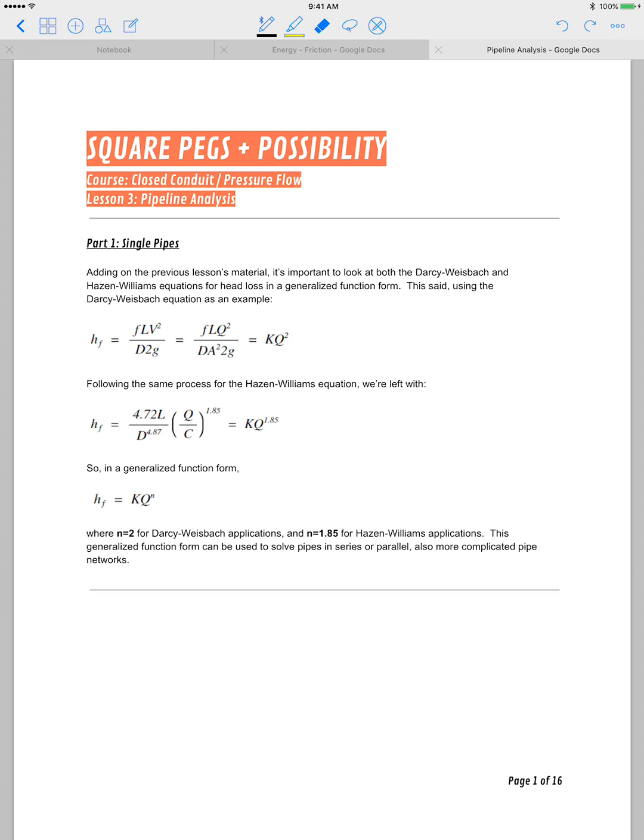Likewise, if we do such a thing with the Hazen-Williams, we'll have this 1.85 carry over to the Q, and we can take all this other business and call it a K. So a generalized function form for friction loss is essentially KQ to the N, where N is 2 for Darcy-Weisbach and 1.85 for Hazen-Williams. I don't have an example problem specific to that at the moment, but this is going to be very important for us as we move forward in more complicated analyses of pipes and pipe systems.